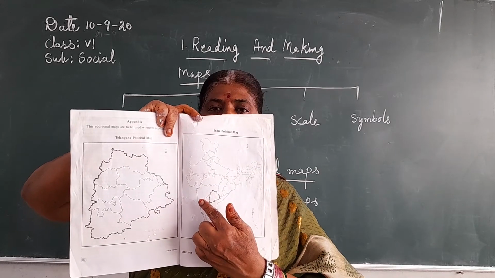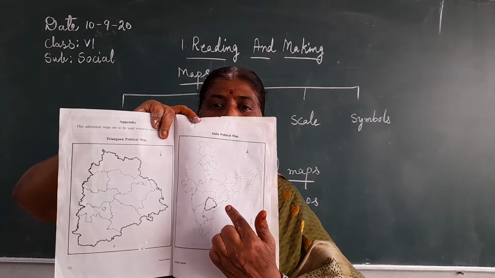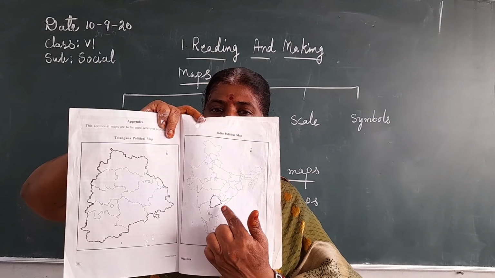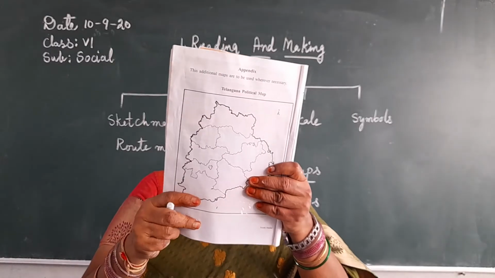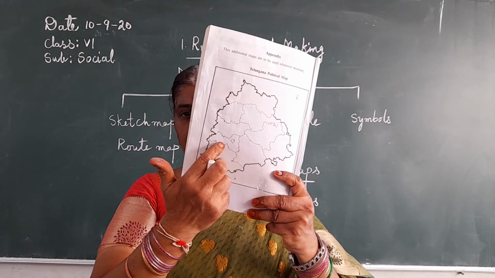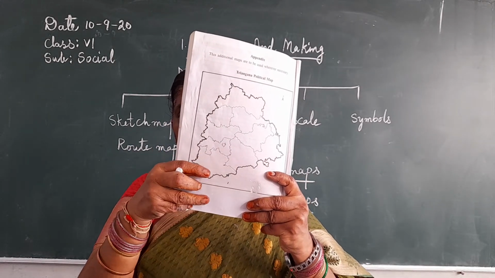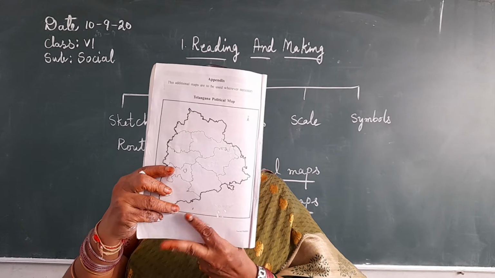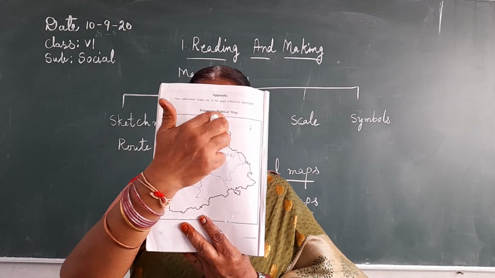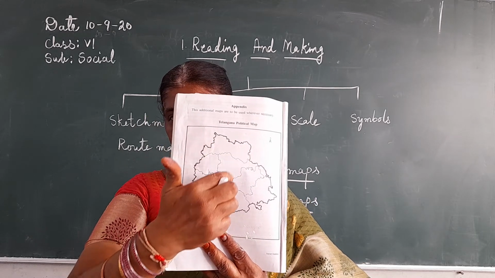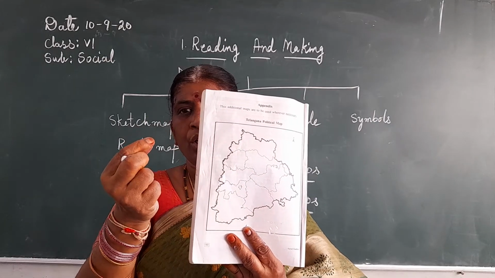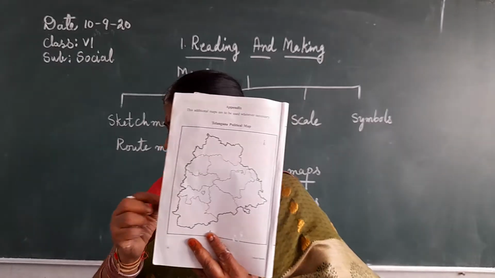Take one more India map and locate only your state. And take one more map, the map of Telangana, and find out the neighboring states. If you do this small activity, you will know about the political map.